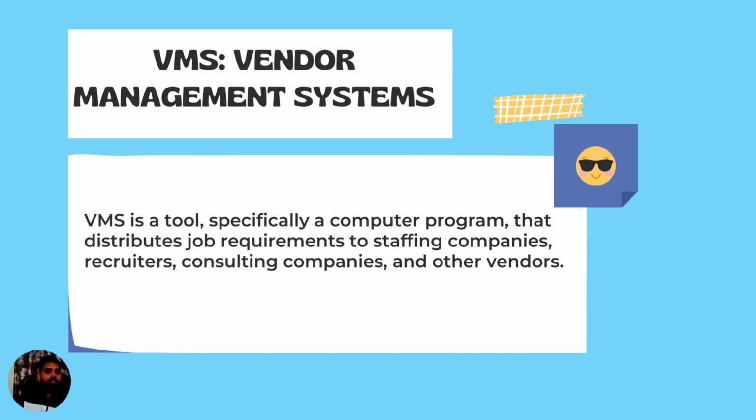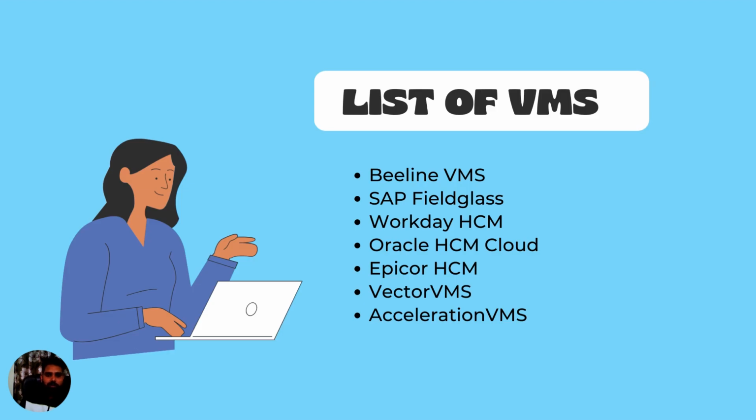As everything is mentioned and systematic, or we can say on automation, your profile is directly submitted to the client and the response is very fast. Now, if we talk about the list of VMS, some of the VMS are Beeline, SAP Fieldglass, Workday HCM, Oracle HCM Cloud, Epicor, Vector VMS, and Acceleration VMS.